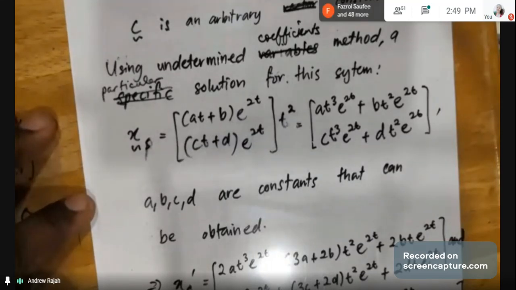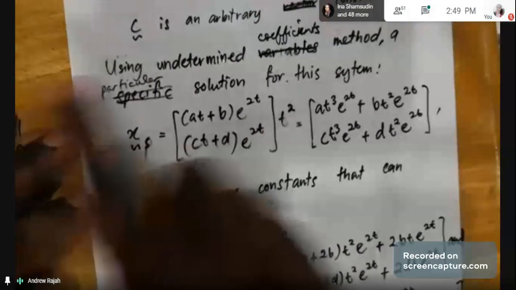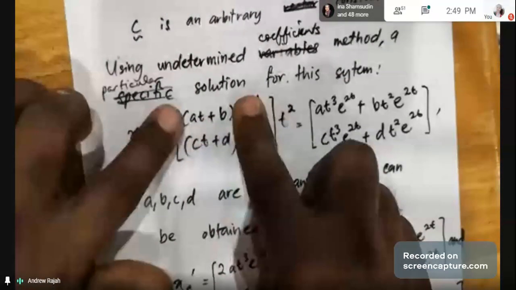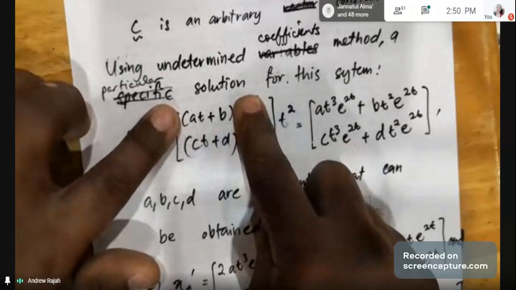2t is a polynomial of degree 1. So you must have a polynomial of degree 1.